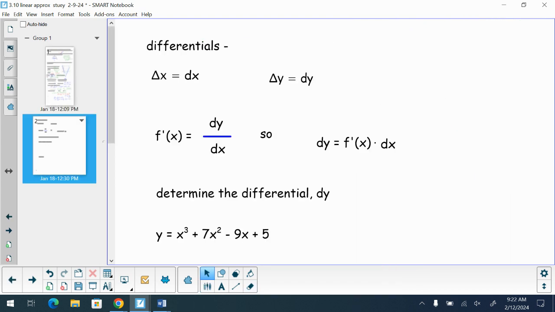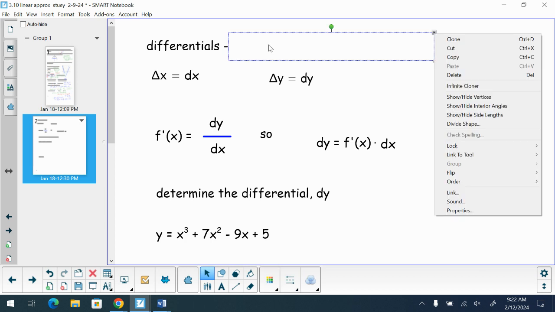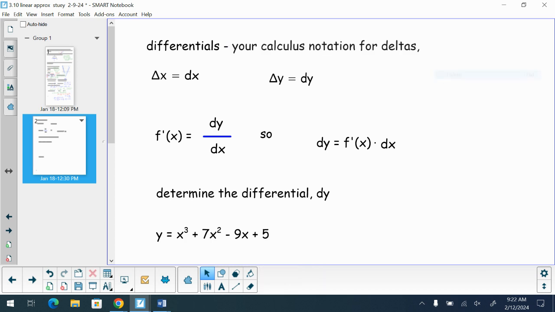When you look at the term differential, your differentials are your calculus notation for deltas. Differentials are calculus notations for deltas. So when you have a delta x, the calculus notation of that would be dx. Delta y, we have dy.